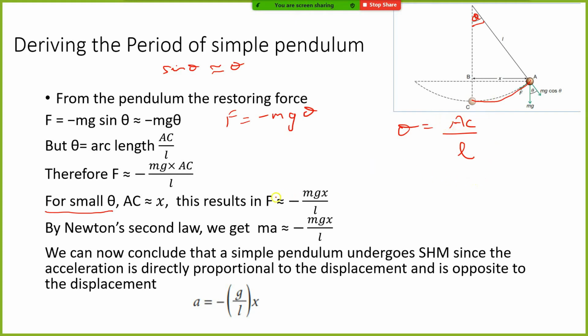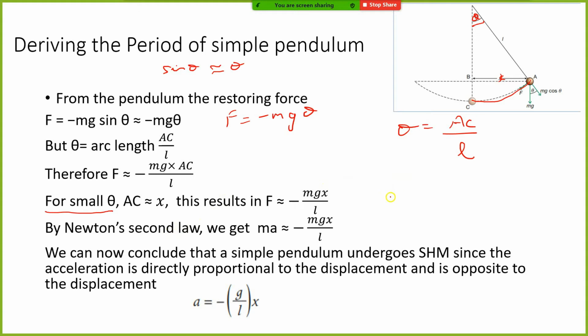When we do that, the force, which is the restoring force, is approximately equal to minus mg times the X that I just showed you, divided by the length of the pendulum. Now, the thing about this, guys, is that because the pendulum is swinging back and forth, we expect that there will be some amount of acceleration taking place. If there's acceleration, then Newton's second law comes into play.